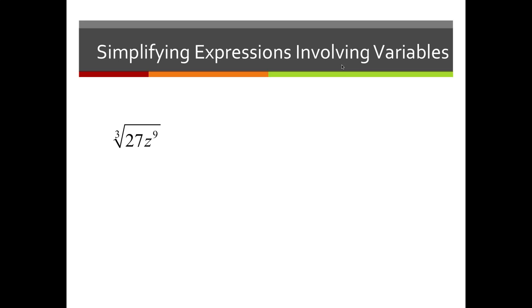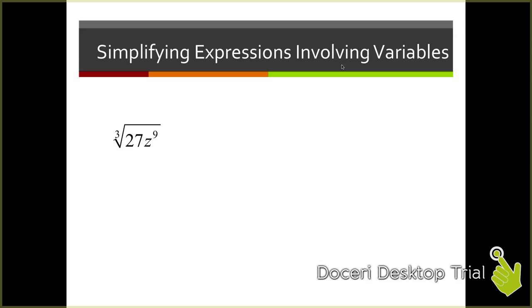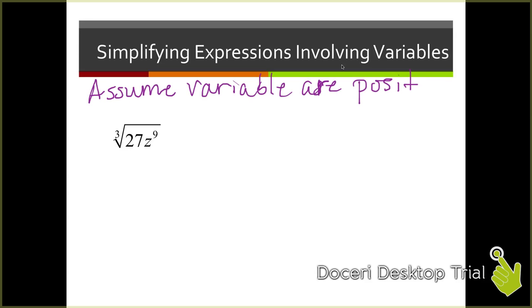And one of the things that you always need to realize when you're dealing with variables is that we must assume that all of our variables are going to be positive. So unless you see some other direction that tells you differently, we will always be assuming that our variables represent positive numbers.